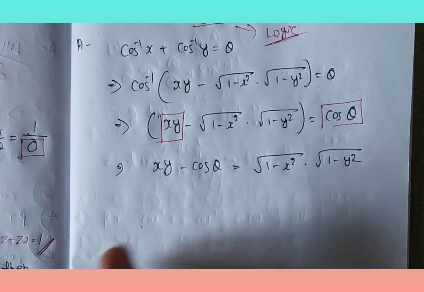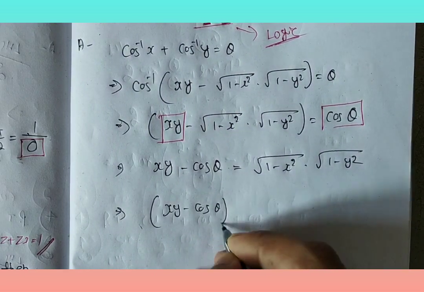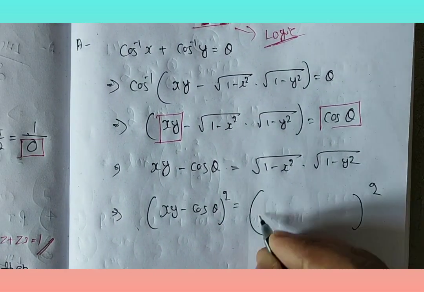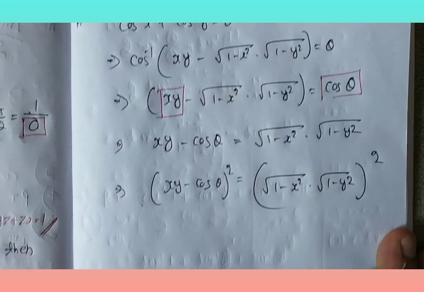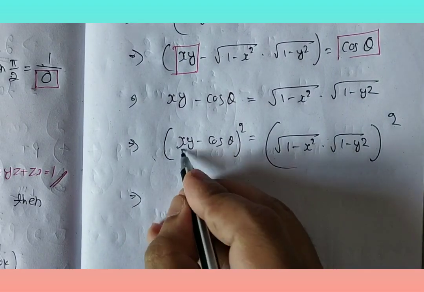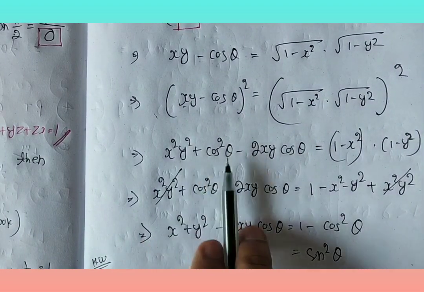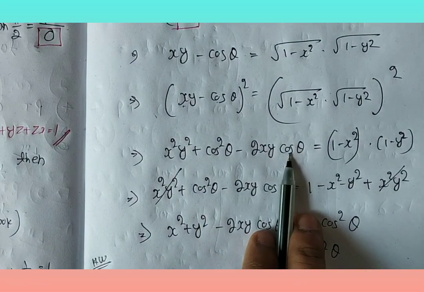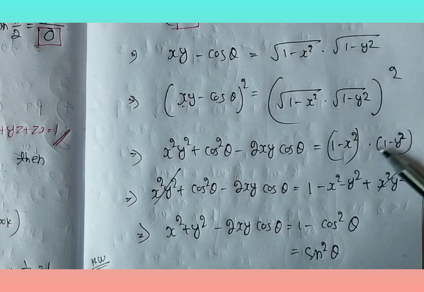Now squaring both sides. A minus b whole square. After squaring we will get x square y square plus cos square theta minus 2xy cos theta. A minus b whole square. And here 1 minus x square into 1 minus y square.